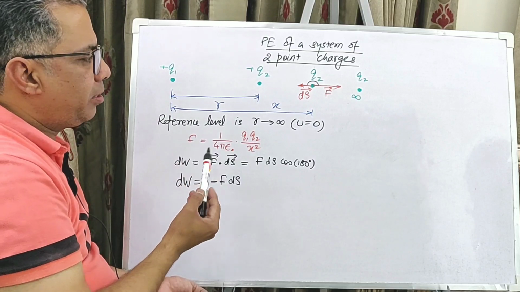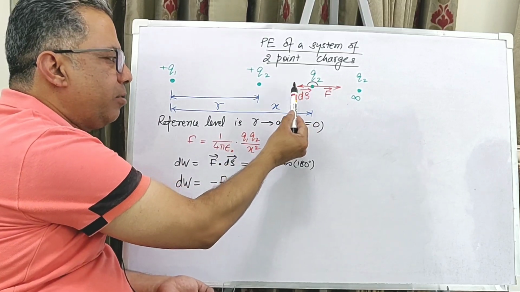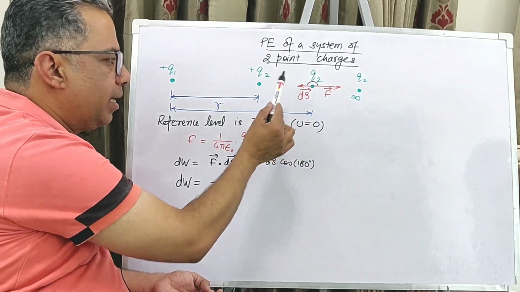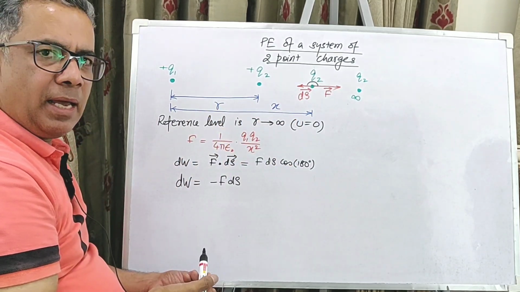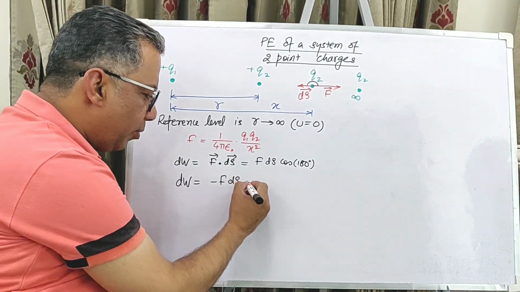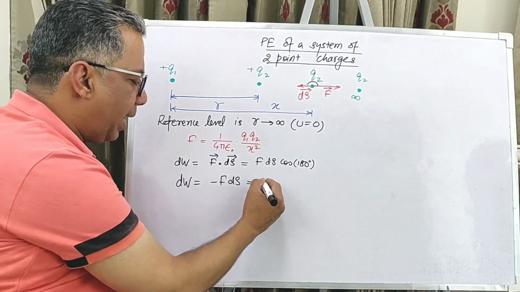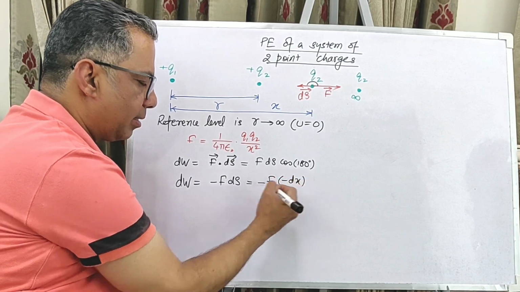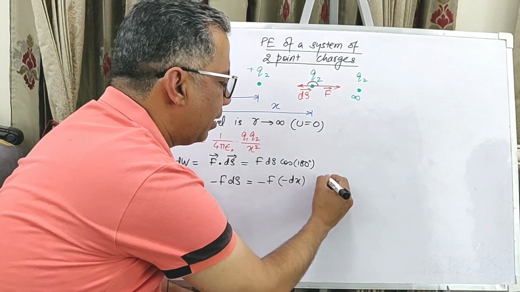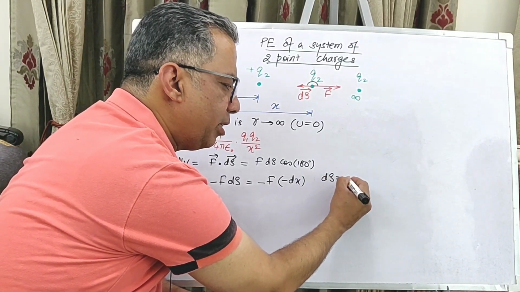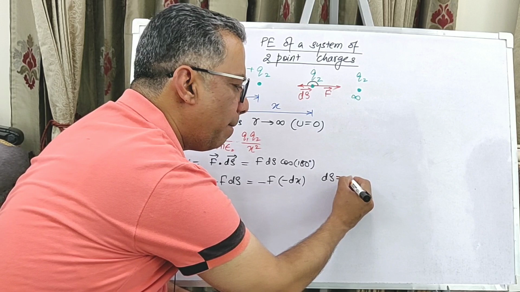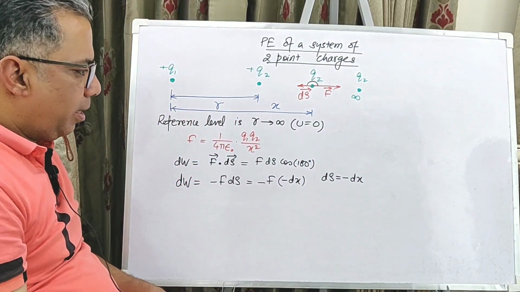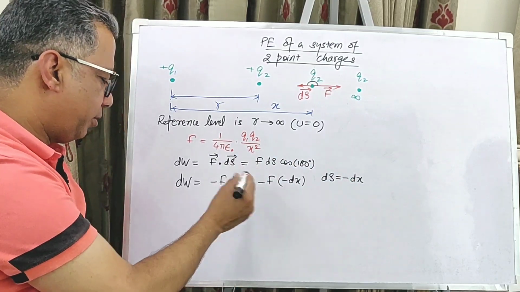Now look here, this ds is actually a change in x. And what kind of change? This ds tends to decrease the value of x. Since ds is decreasing x, we replace this ds by minus dx. Now why minus? Because ds is a negative change in x, and therefore ds equals minus of dx. Now if we agree with this, let's proceed further.